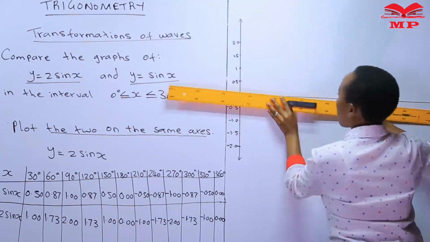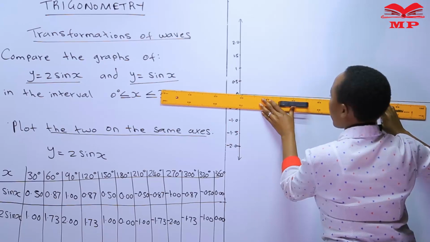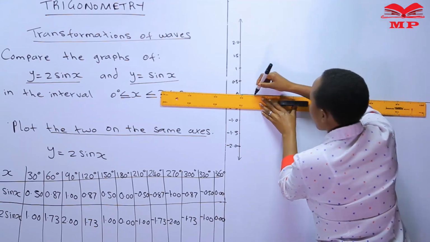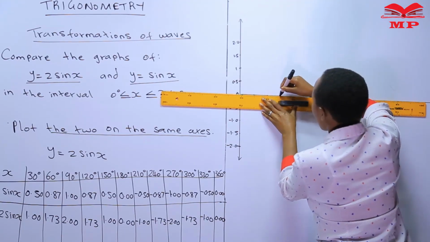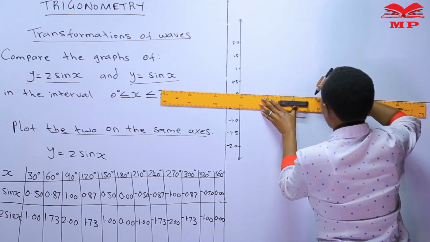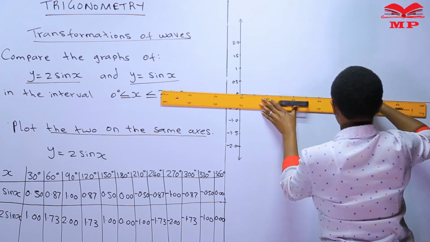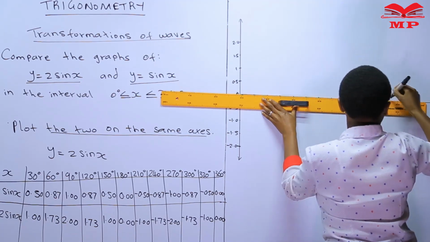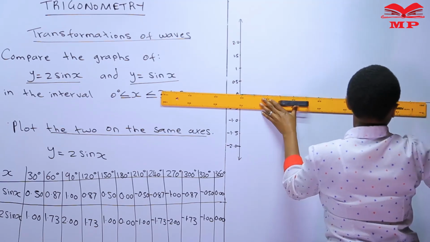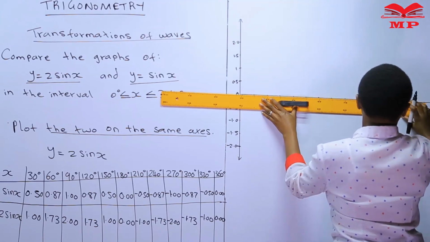Then here we have from 0 to 360 degrees, in 12 intervals.